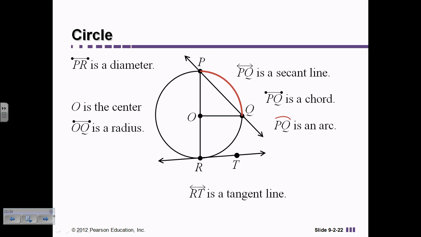All right, so here's a picture with some good examples. I gave you that PR is the diameter. OQ is a radius. If we go back and look again, OP is also a radius, and OR is also a radius.